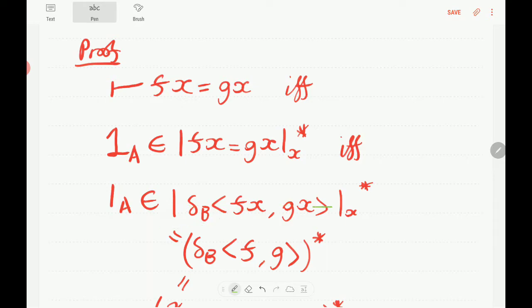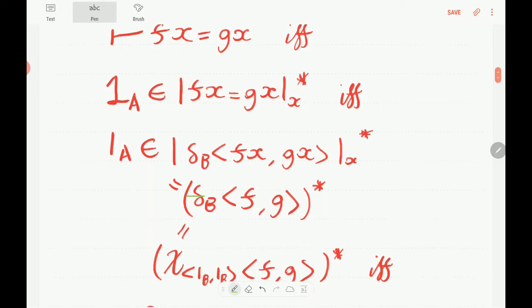And then we can work out this interpretation, so we can rewrite this as the subobject classified by delta_B after f comma g.